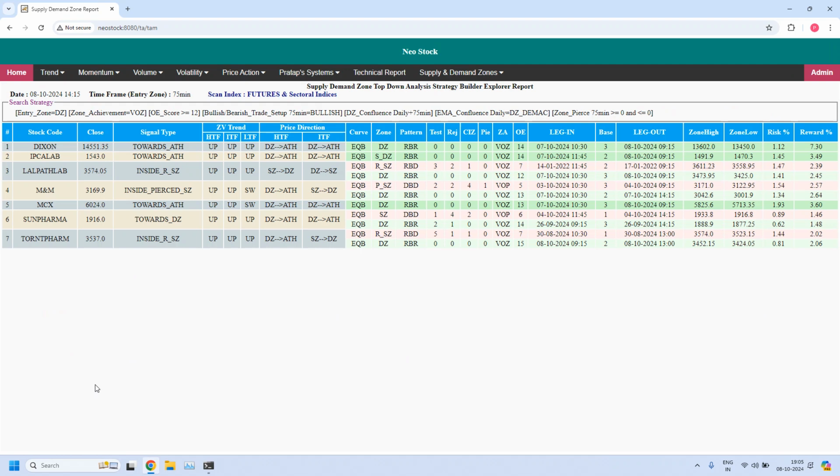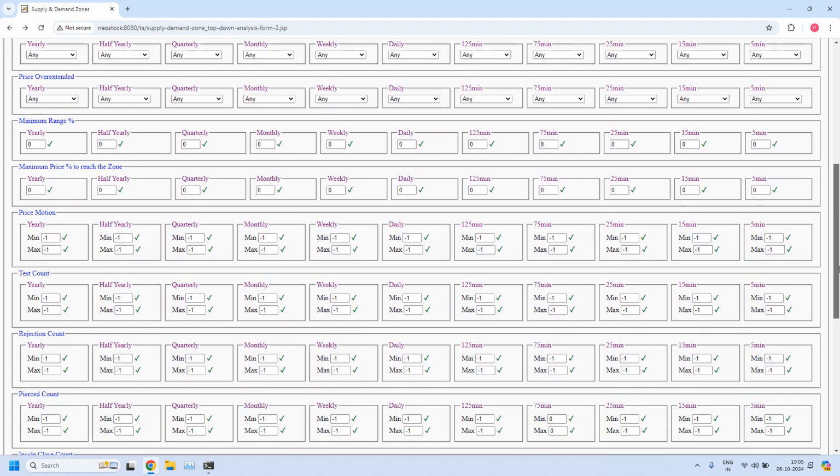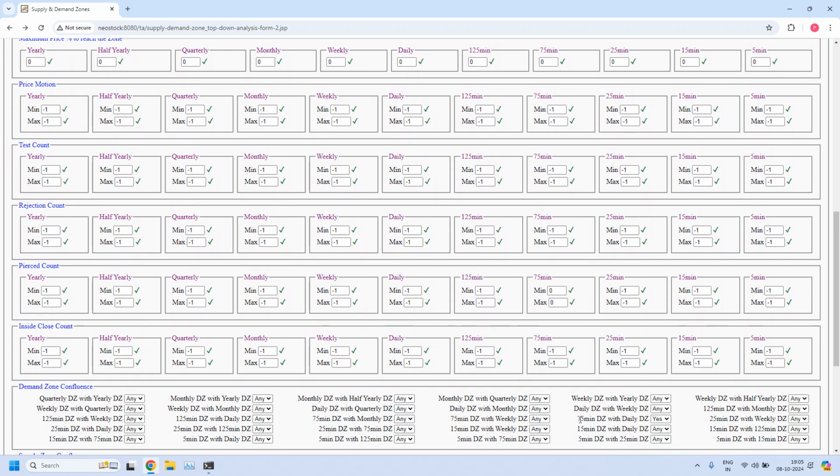Okay, next let us look for the next combination, LTF, ITF and HTF demand zone confluence. So I am removing the EMA filter. Already we enabled LTF and ITF confluence earlier, that is the 75 minutes demand zone with daily demand zone. Next, 75 minutes demand zone with weekly demand zone I am enabling, and daily demand zone with weekly demand zone I am enabling.